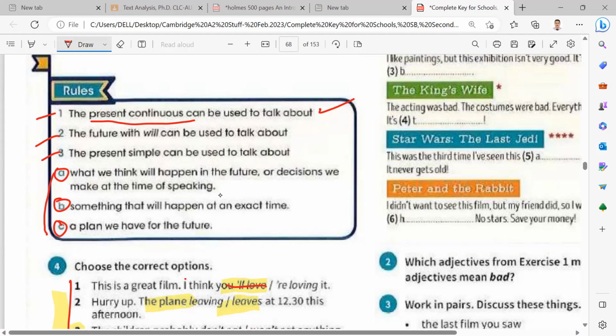Plan we have for the future. Exactly, a plan we have for the future. يعني a plan هنا معناها عندي arrangement، في تخطيط مترتب، كل شيء مترتب. طيب يبقى 1C.